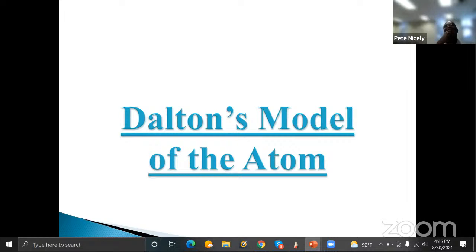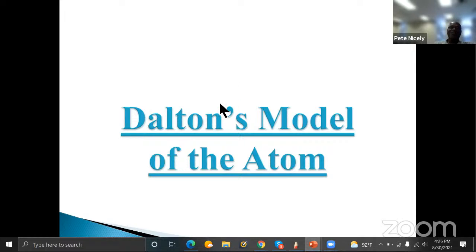The Greeks back in their day were concerned about whether or not it's possible to break down substances to their smallest fundamental unit. So the Greeks had a word for that particular fundamental unit. They called it atomos, from which we get our word atom, right? But of course, back then they did not have the technology to explore the possibility of such a particle.